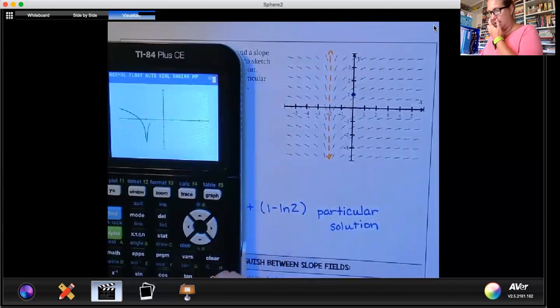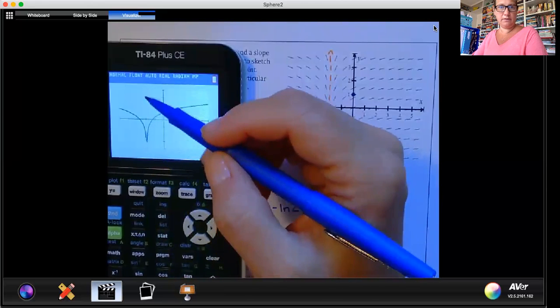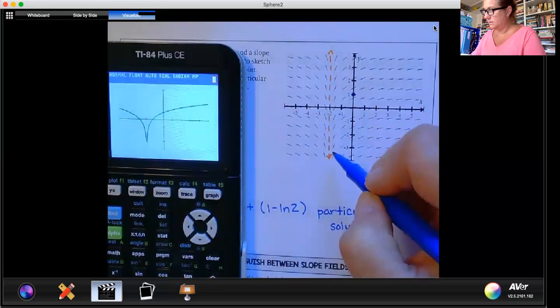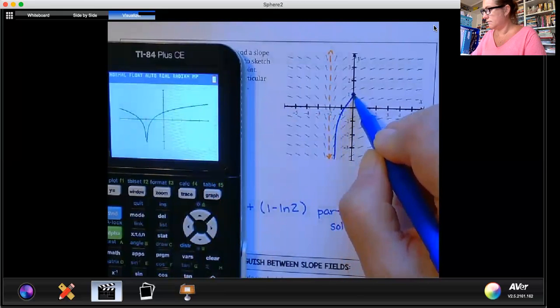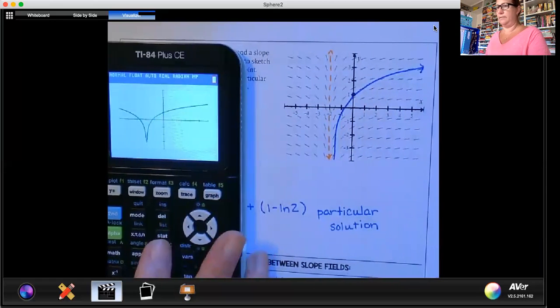And I'm going to graph that in my calculator. Notice I have here my vertical asymptote. We're just going to follow our curve. And even out.